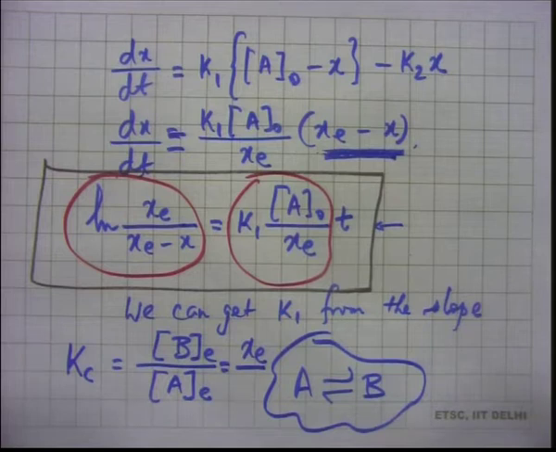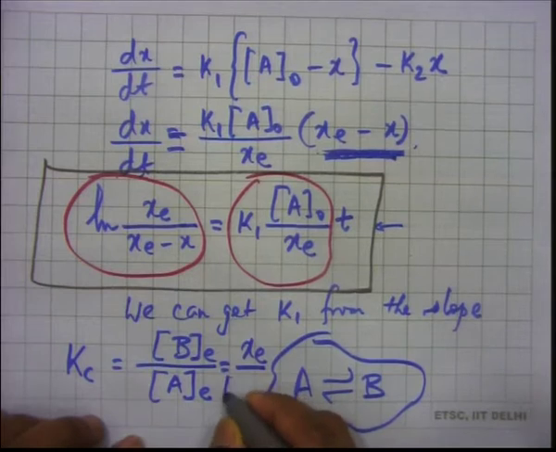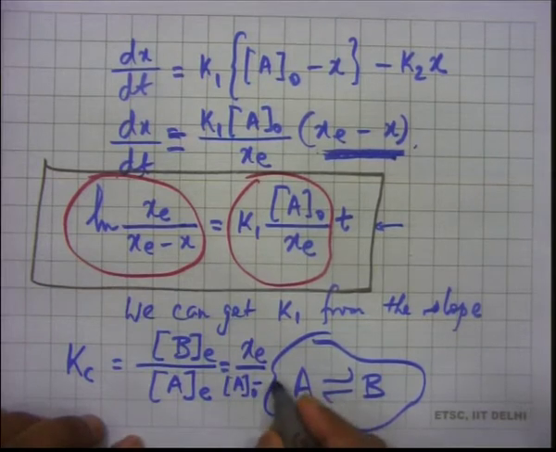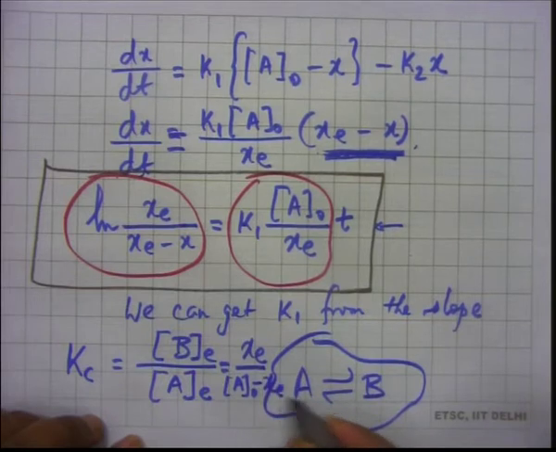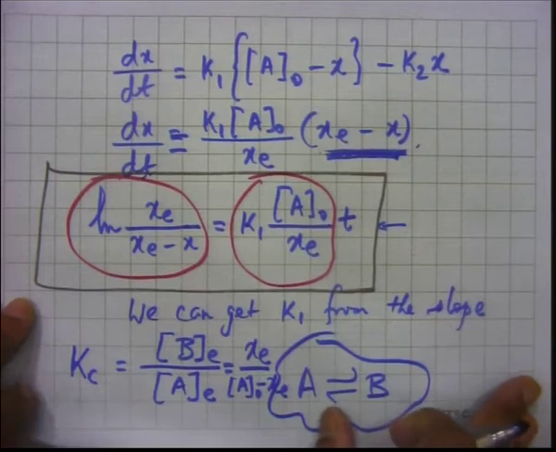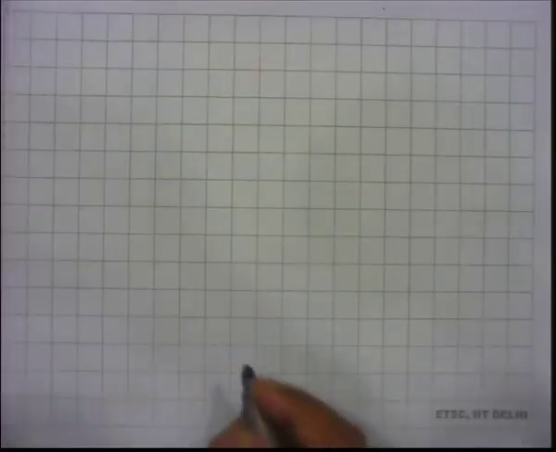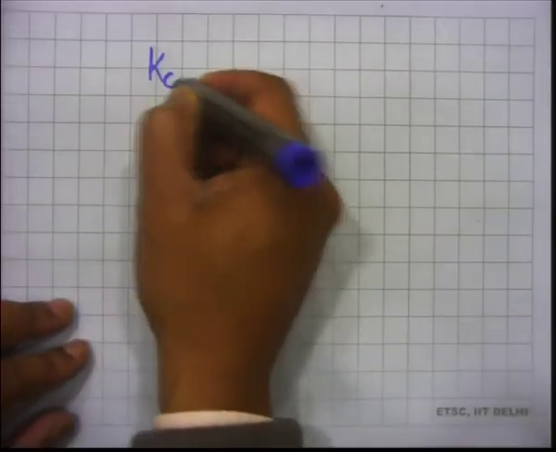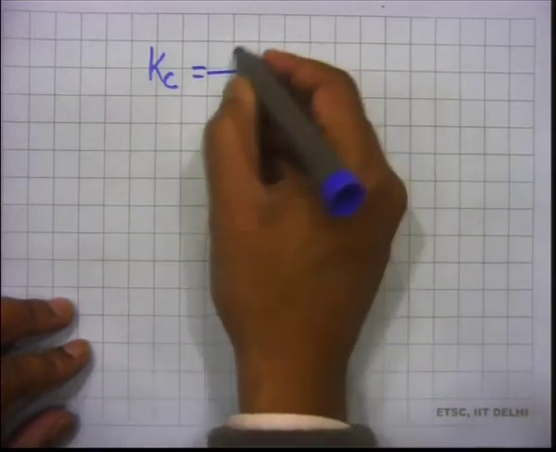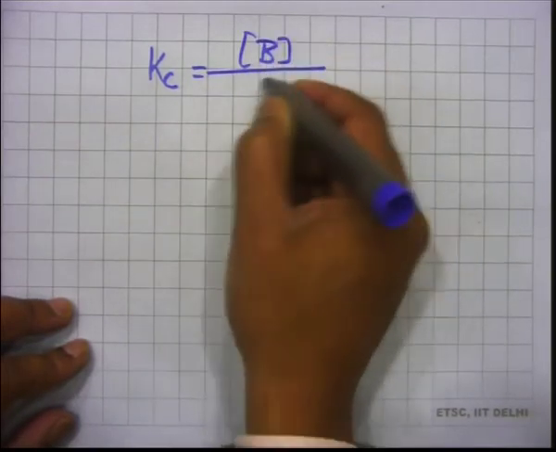And what is A at equilibrium? Yeah, I think I have less space here, but let me still try to write it. A naught minus Xe. So let's write this out here once more for the sake of clarity.